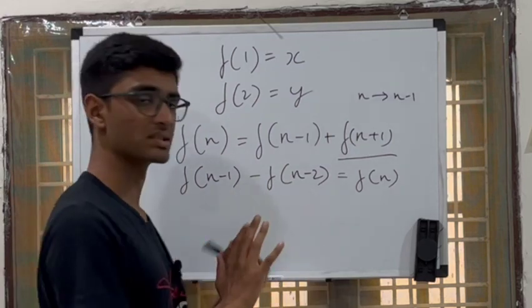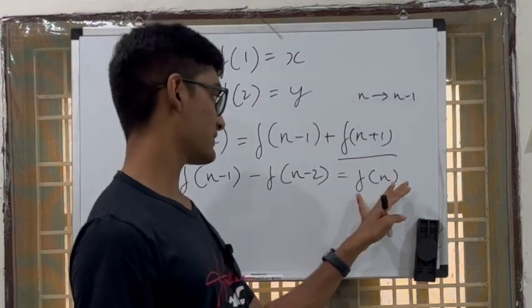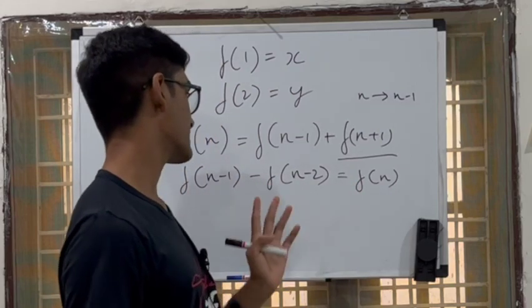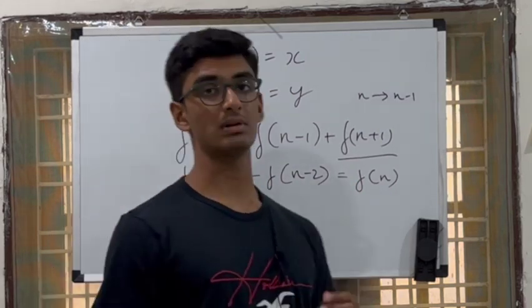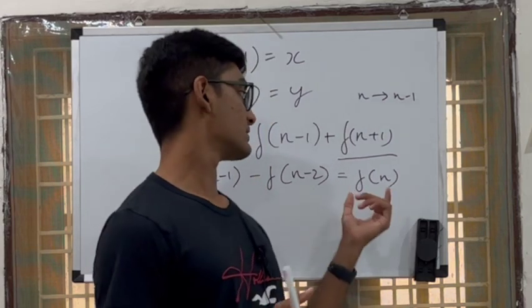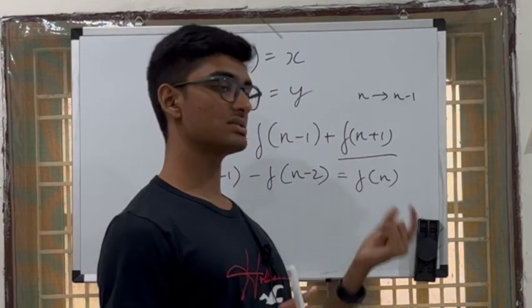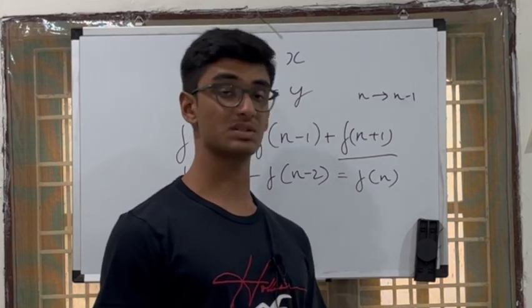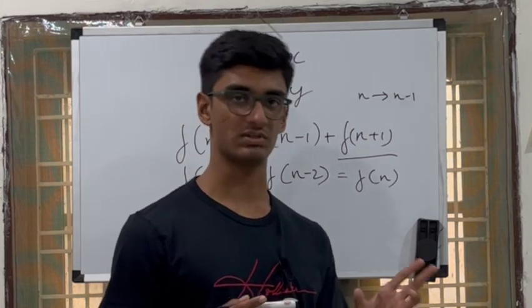So with this, it's clear. f(n) can now be found, which is f(n-1) minus f(n-2). The problem here is, let's say they gave you f(n) as 1000, some value, even though the n value they gave in the question is bigger, I think it's 10^6 or 10^12, something.